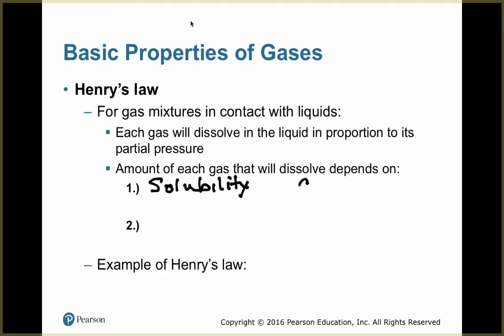Just to let you know, carbon dioxide is 20 times more soluble in water than oxygen is, right? And very little nitrogen will dissolve at all. So this just tells you a little bit of difference in solubility.